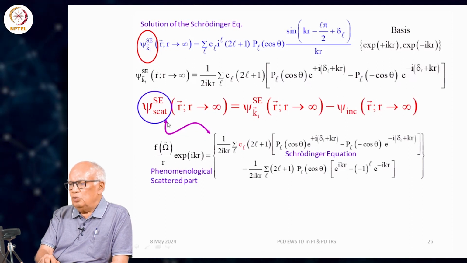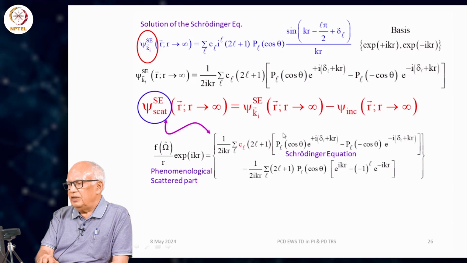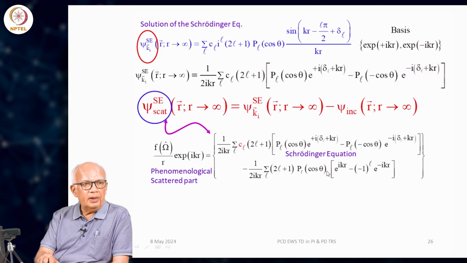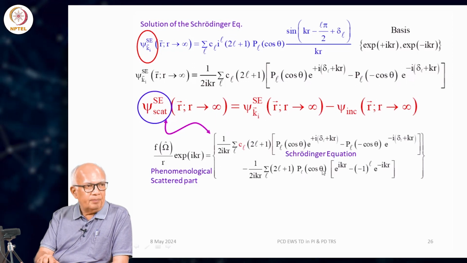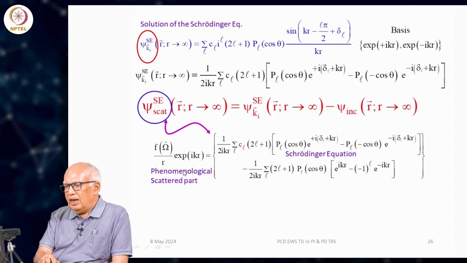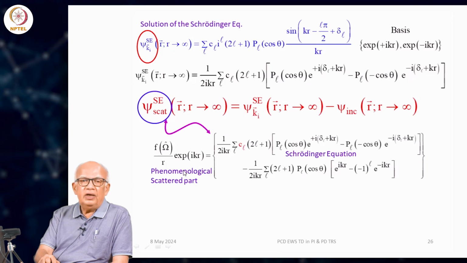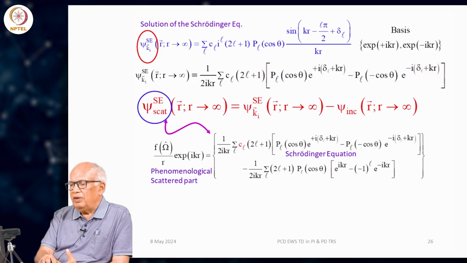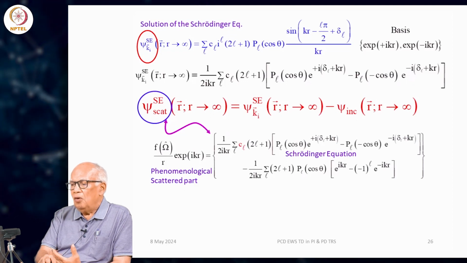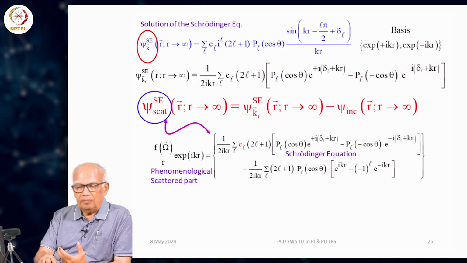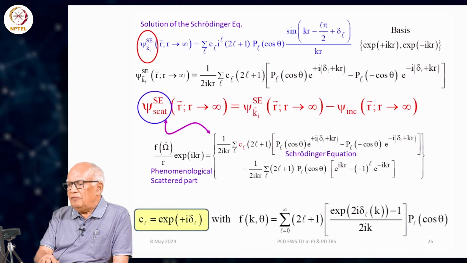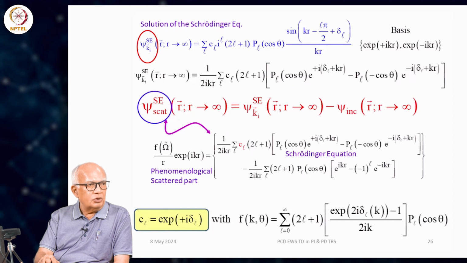This scattered solution is given by this difference, and I have now written it explicitly here. The right hand side is coming from the Schrodinger equation, and the left hand side is what we know describes the phenomenon. These two must be equal, and that will happen if the coefficient CL is appropriately chosen.